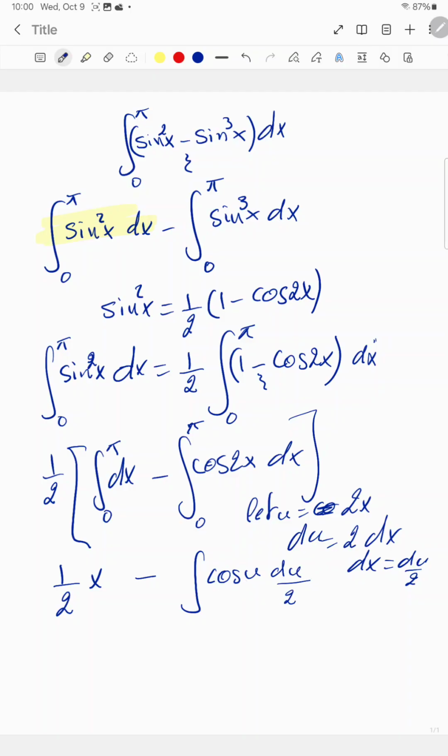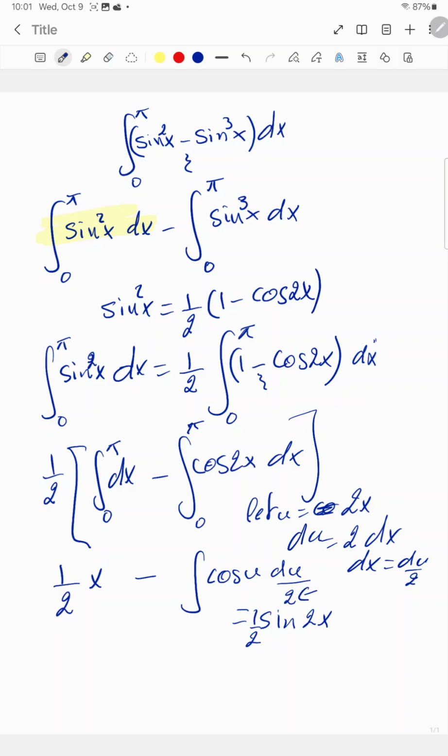And the integral of cosine of u is sine of u, and then sine of u is sine of 2x, because u is 2x. So now that I explained it, I know that the integral of cosine is equal to sine of 2x, but there is a 1/2 because of the du that is here.